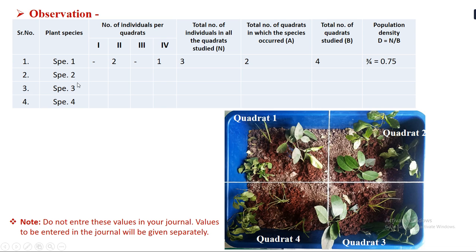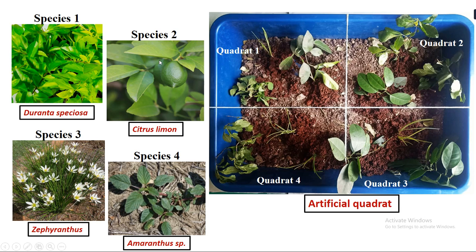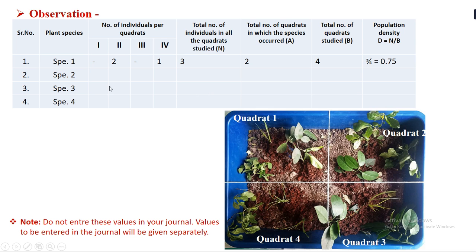Now next, species number 2, which is Citrus lemon. Let us calculate the population density for this particular species. If you see in the first quadrant, species number 2, that is Citrus lemon, has occurred once.